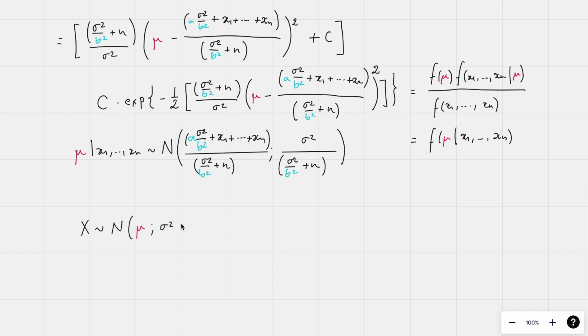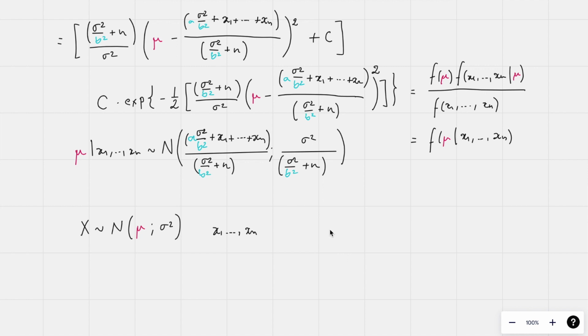If we observe x1 etc. until xn, we could say, because mu is the expected value of x, what is the naive estimator of mu when we don't have a Bayesian approach? Well, this would be just the average.